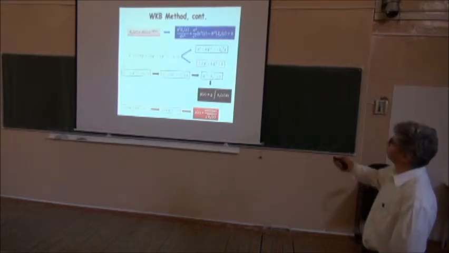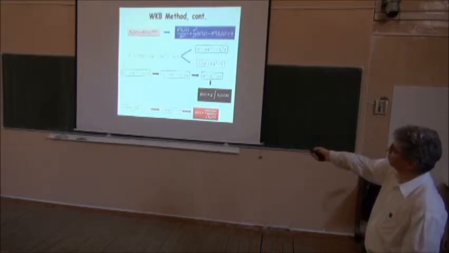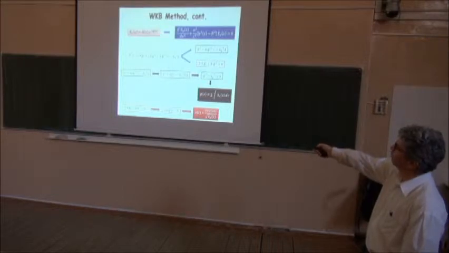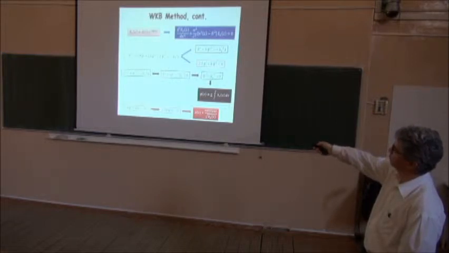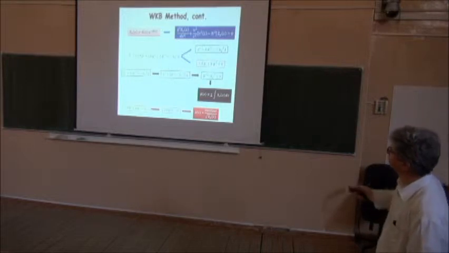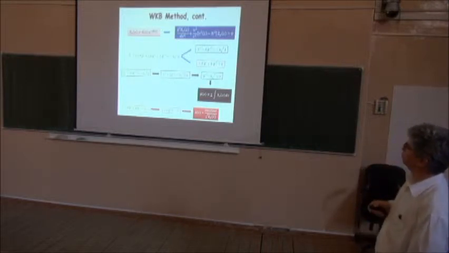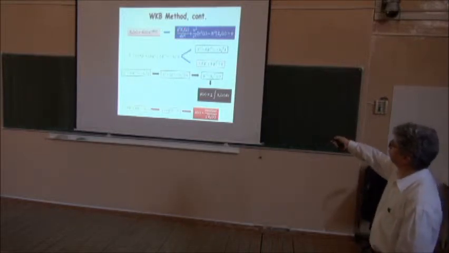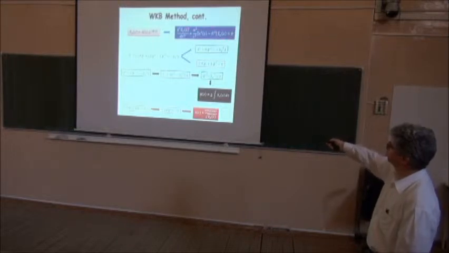So let me repeat here that we're going to attempt to use a solution of this kind, where A is now dependent on x, and I have now a phase that's also dependent on x, and that's phi as defined before. And that's our Helmholtz equation, the original equation.